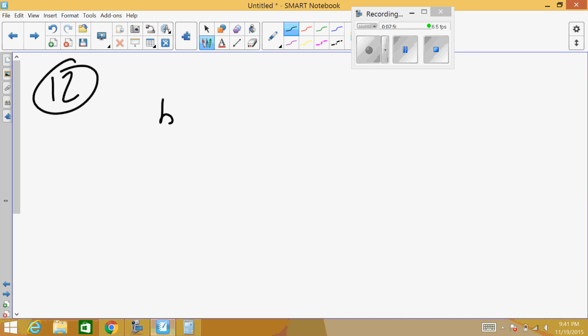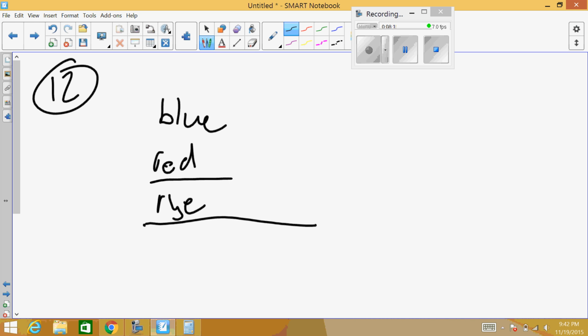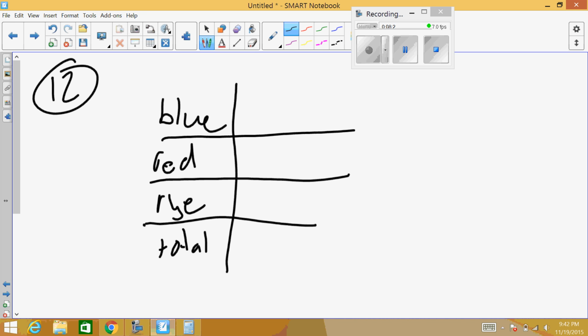Well, I'm going to list out all the different kinds I've got. I've got a bluegrass. I've got a red fescue. I've got a perennial rye. And then if I put all those together, I get a total. Okay, now I'm going to put in my parts, my ratios.